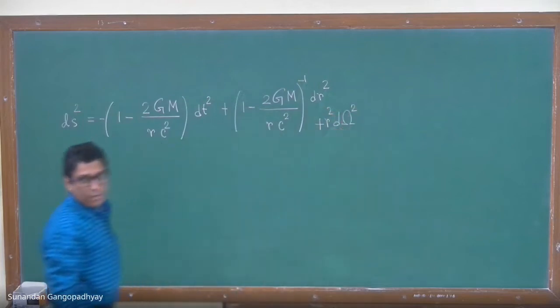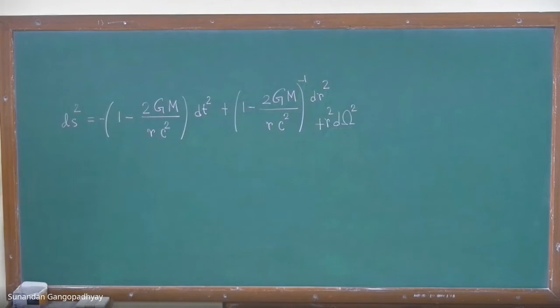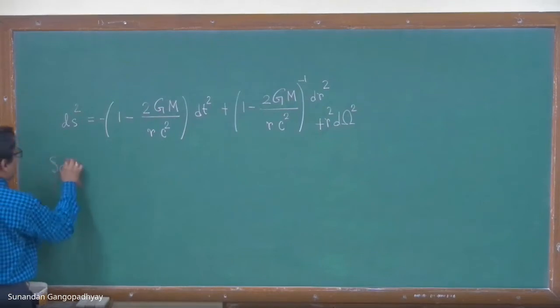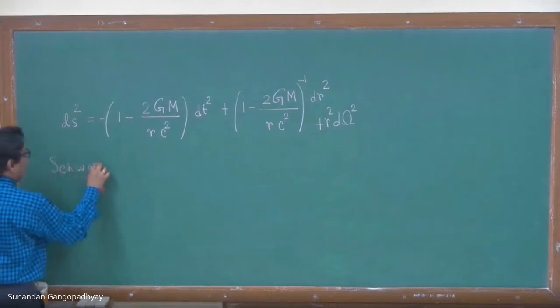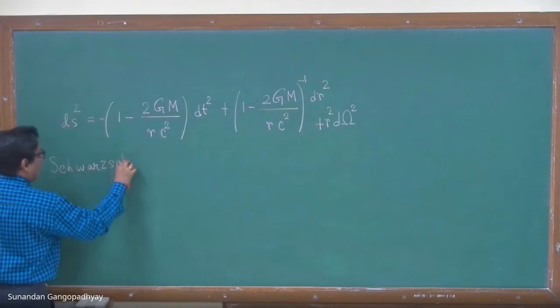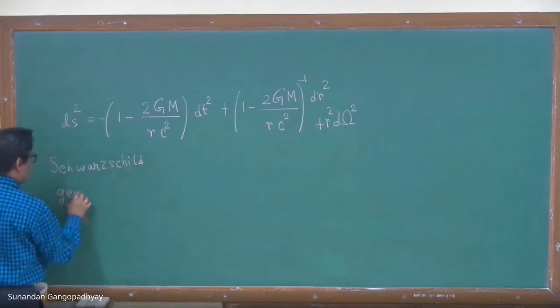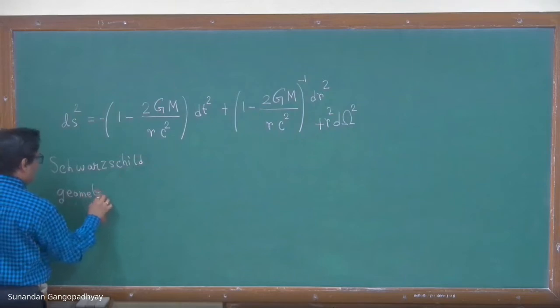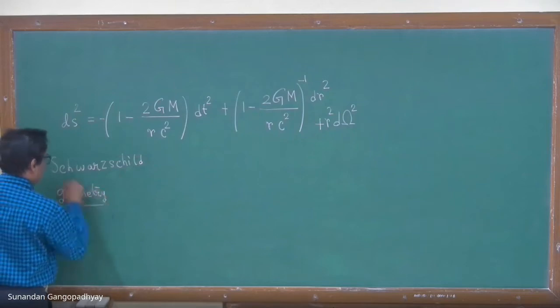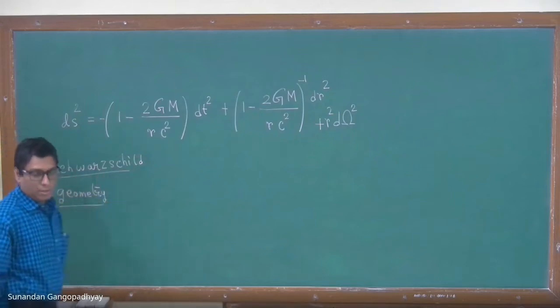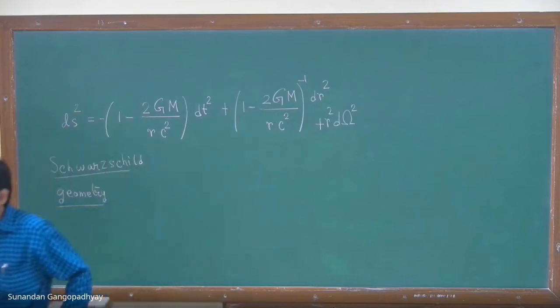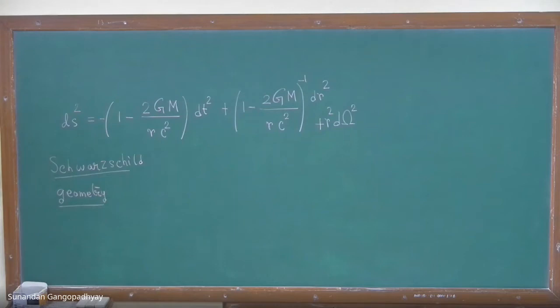d omega square is basically d theta square plus sin square theta d phi square. Okay. So this is known as the Schwarzschild geometry. So it was the first exact solution of Einstein's field equations of general relativity, obtained by Karl Schwarzschild.